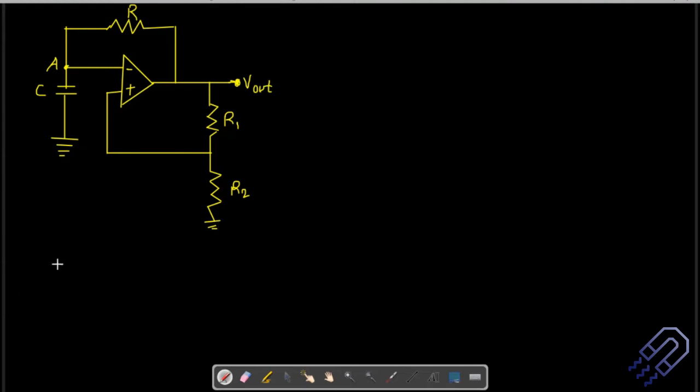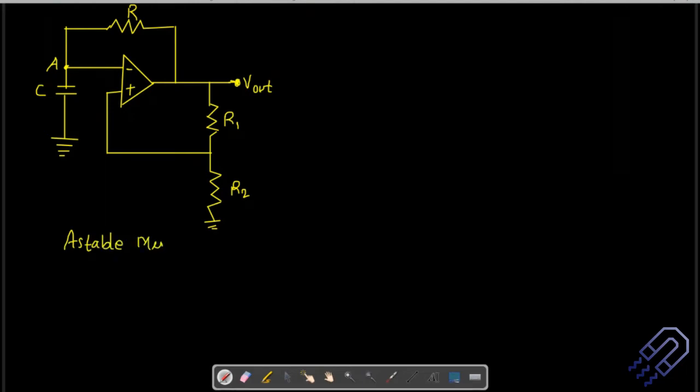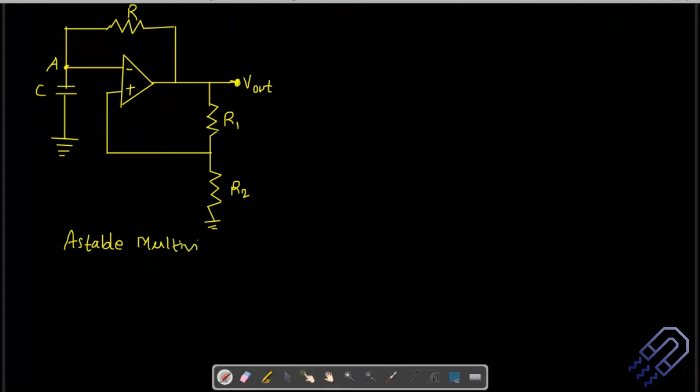This is the circuit of an astable multivibrator.